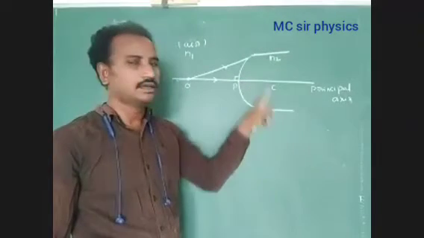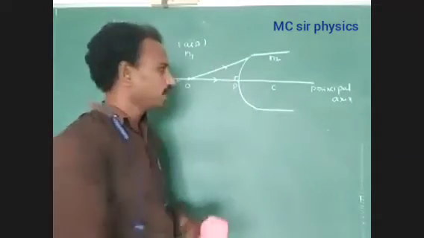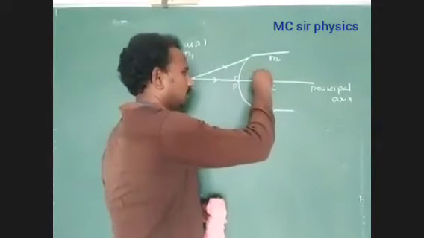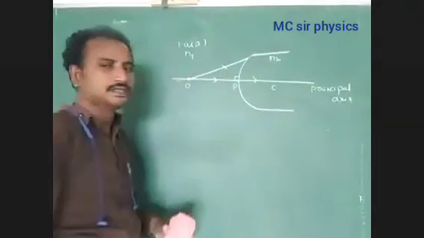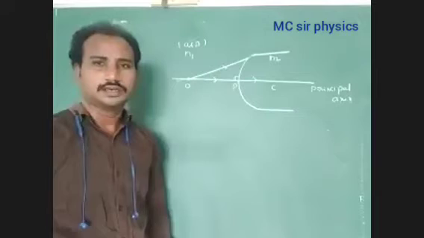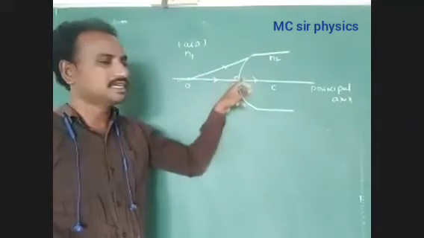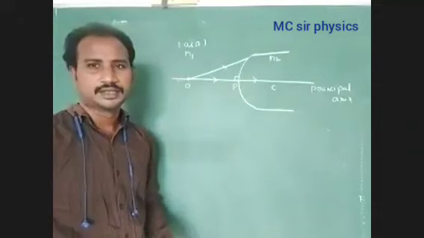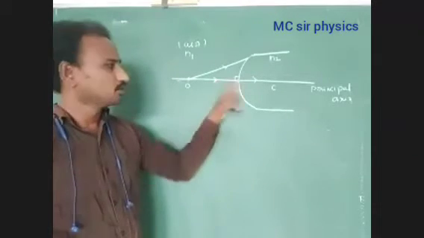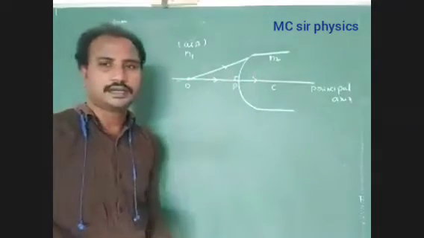After refraction, the refracted ray does not deviate from its direction. So the refracted ray goes in a straight line along the incident ray direction.